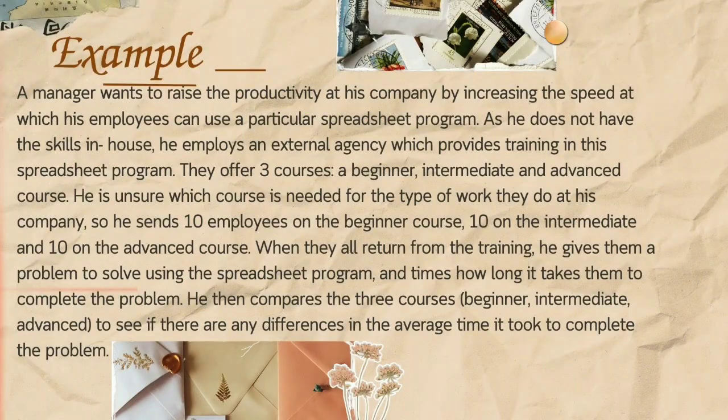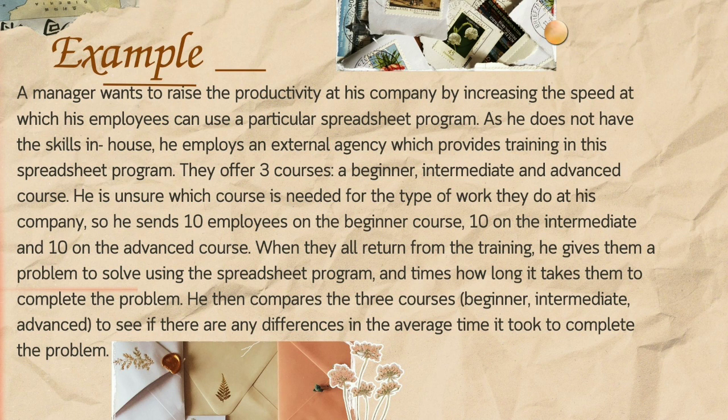For the next example, a manager wants to raise the productivity at his company by increasing the speed at which his employees can use a particular spreadsheet program, as he doesn't have the skills in-house. The employees are trained by an external agency which provides training in this spreadsheet program. They offer 3 courses: a beginner, intermediate, and advanced course.